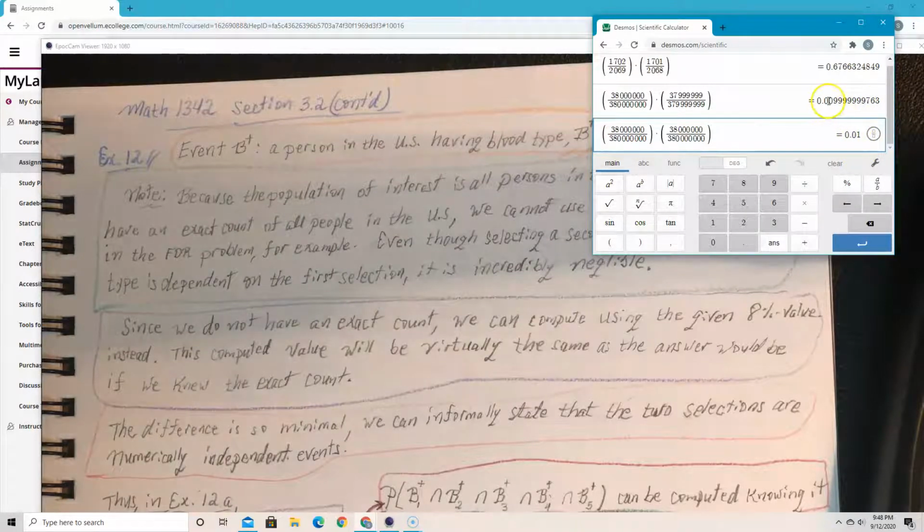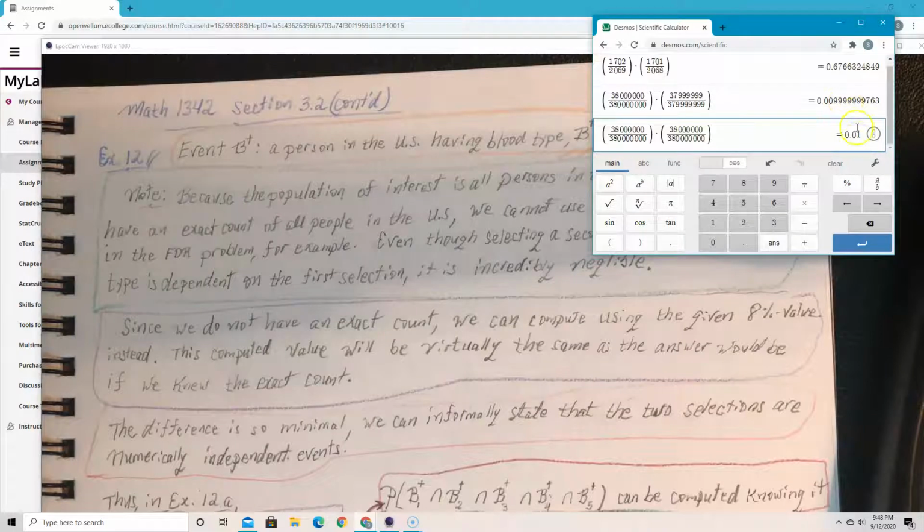So these are virtually the same number. 0.0099999 is really, really close to 0.01. If you round this even to 7 or 8 digits, you're going to get 0.01.